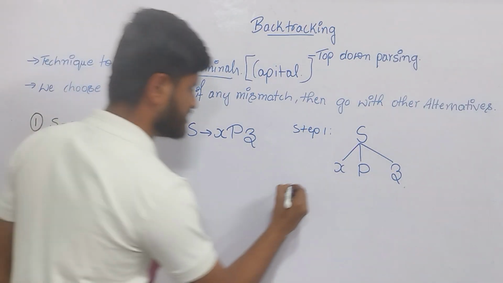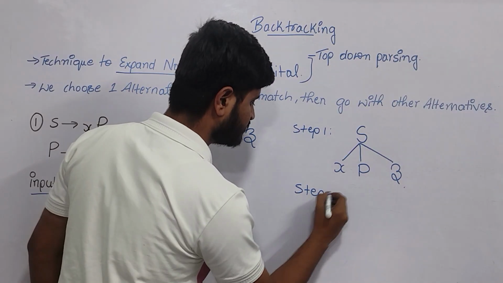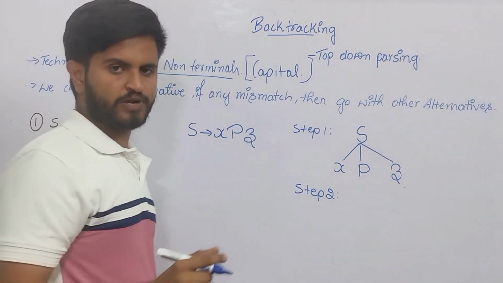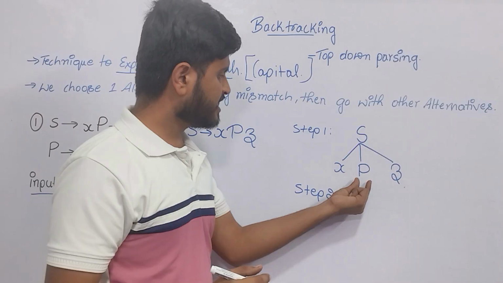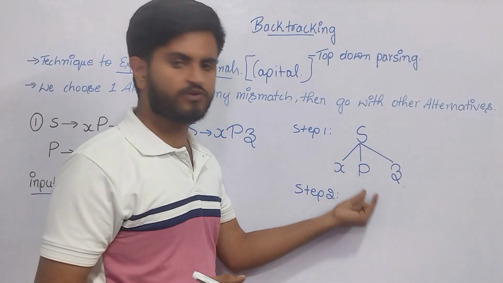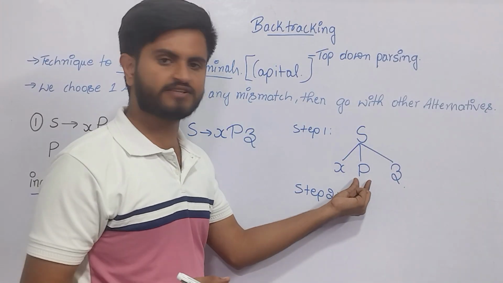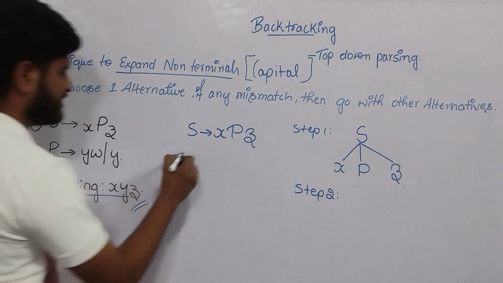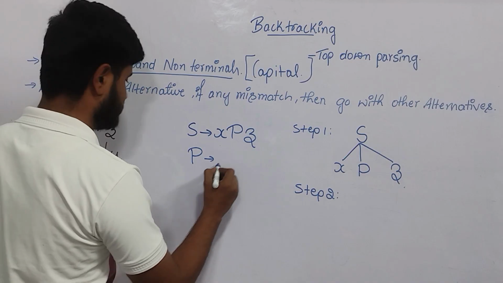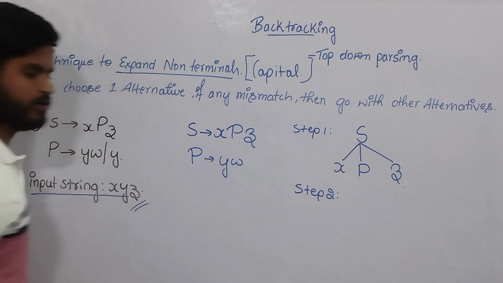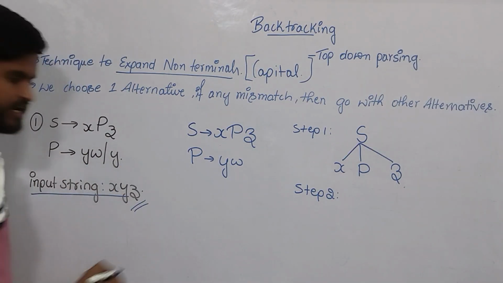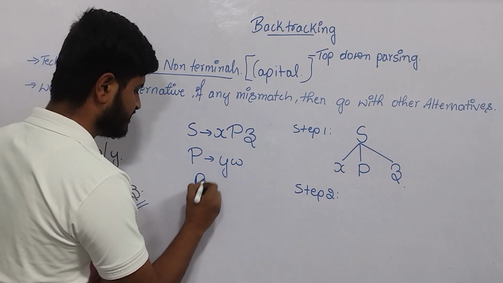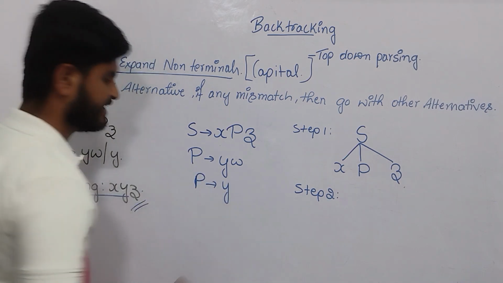Now let's move to step number 2, in which I will be expanding only the capital letters. Here if you see in the leaf nodes, I am having only one capital letter, that is capital letter P. If you see the productions produced by capital letter P, P is producing small letter y, small letter w as the first production, and the second production is capital letter P producing small letter y.